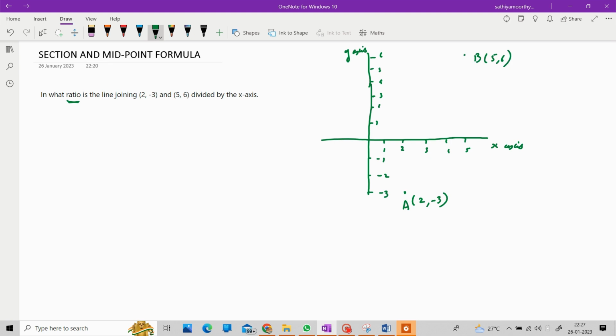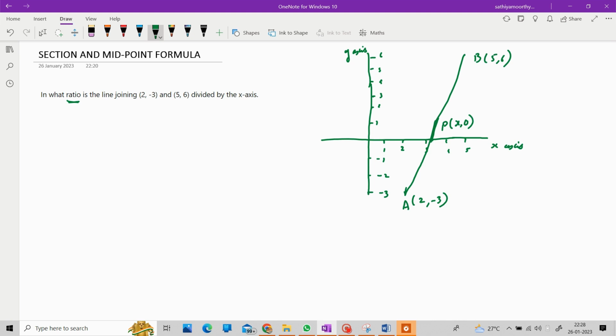If I plot, it is over here, and if you join these 2 points, it cuts the x-axis, not exactly over here, just approximately somewhere it cuts the x-axis. Any point on the x-axis takes the form x, 0. The y coordinate is 0 on the x-axis. So any point on the x-axis takes the form x, 0.